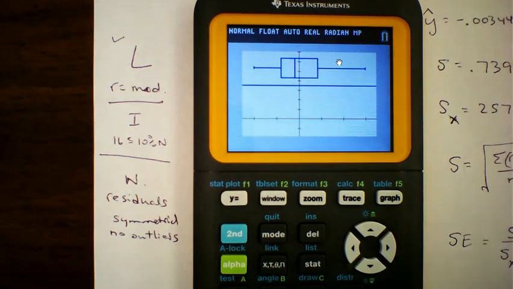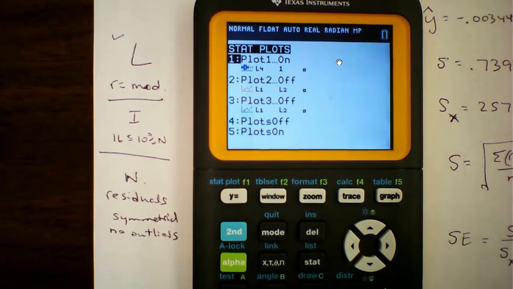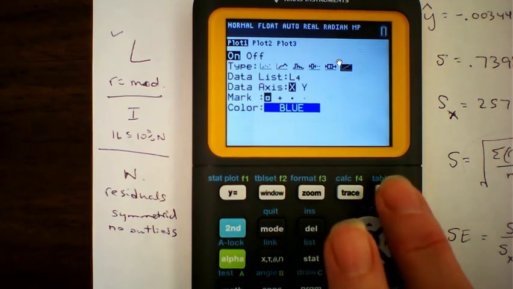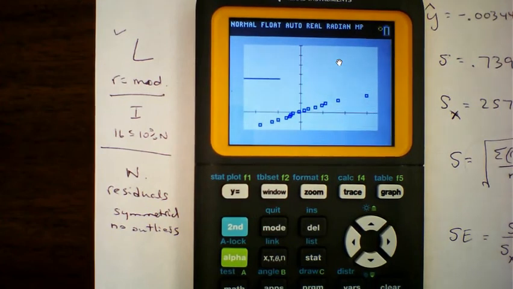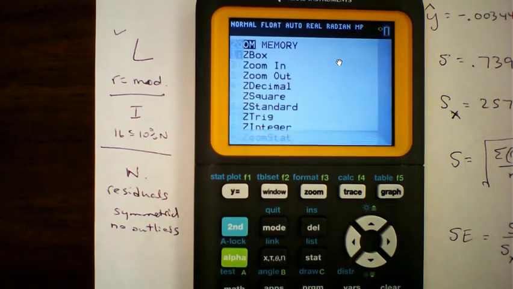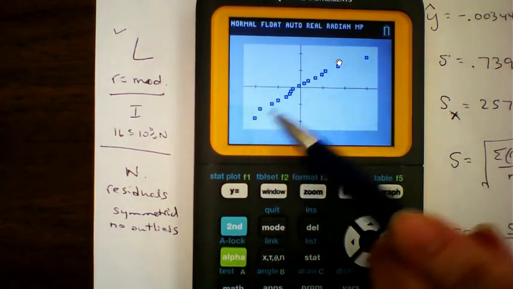Now let's check their normal probability plot. And again, I'd be drawing all of these things, so that's going to be this last option here. And let's graph that. And I'm going to zoom 9 just to make it look a little better. It looks reasonably straight to me.